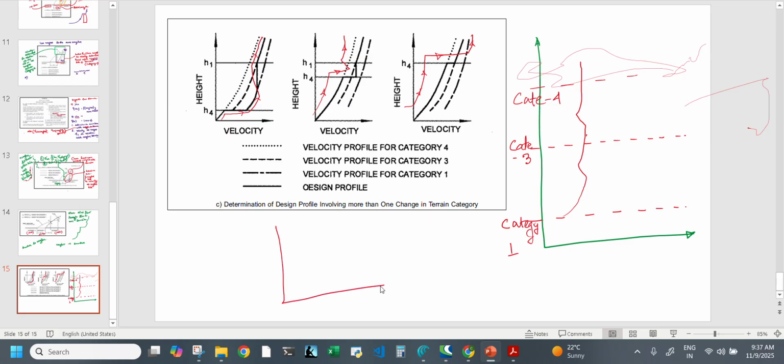And if category 4 to 1, 4 to 2, this would be like this, and 2 to 1, this would be like this.